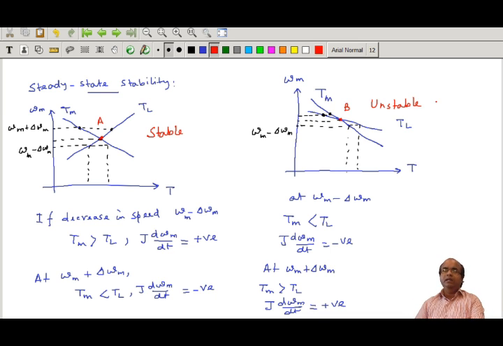Any deviation from point A will be returned back to the point A because of the motor load dynamics. And any deviation from point B will drive the motor far away from point B and the operation becomes unstable.